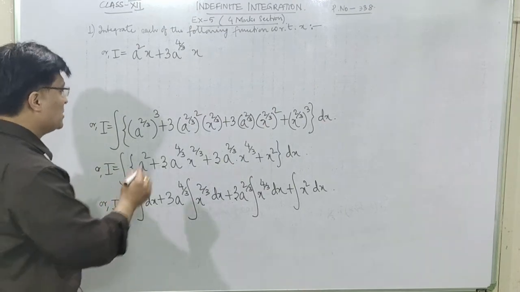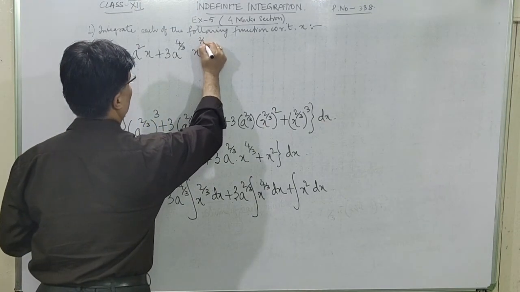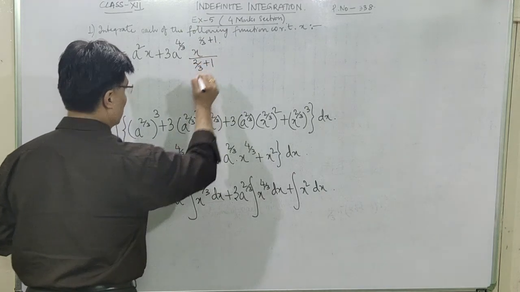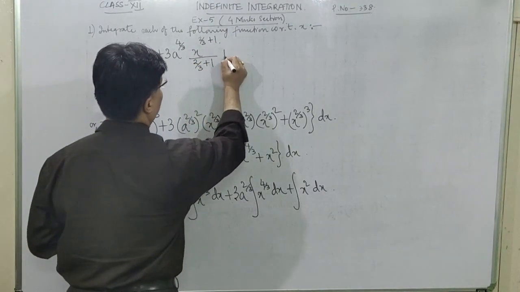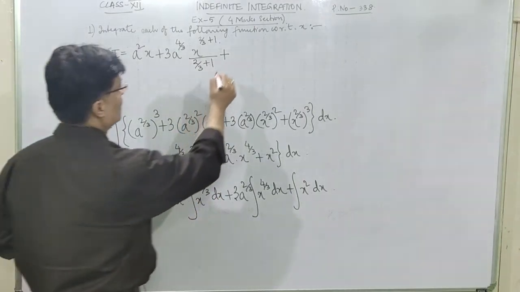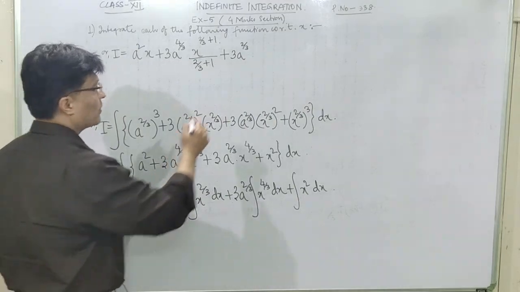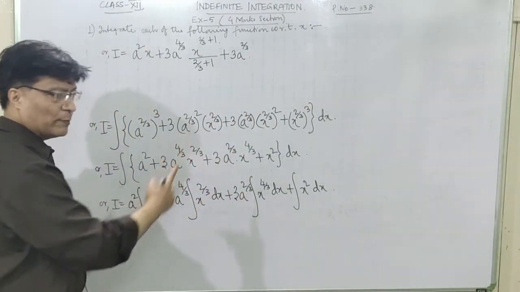So here also it is x to the power 2 by 3 plus 1 divided by 2 by 3 plus 1. Next, plus, here which is constant? 3a to the power 2 third is constant. Now again this is x to the power n form.